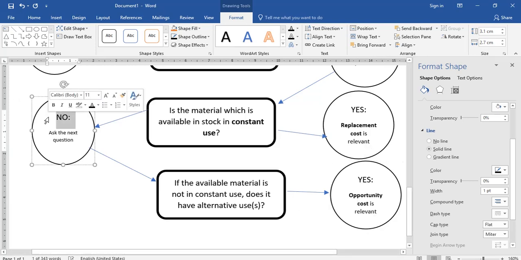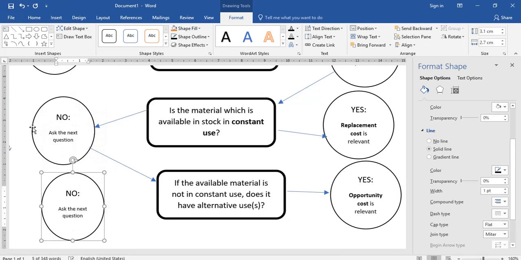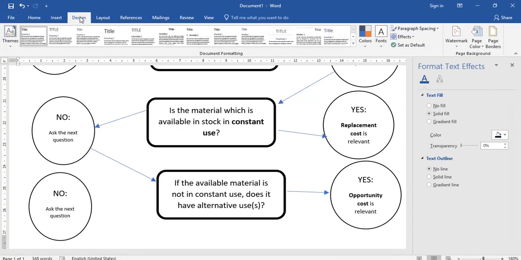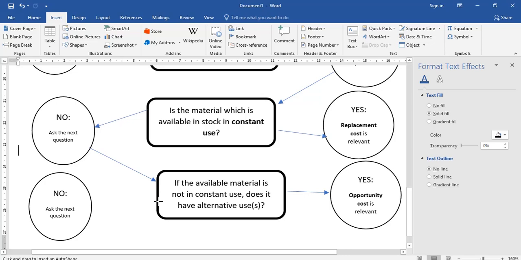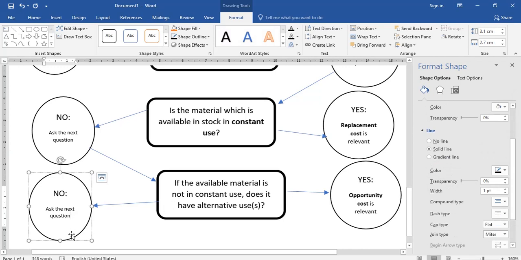What if it doesn't have alternative use? What will be the relevant cost here? In case it doesn't have alternative use, then the relevant cost is nil.